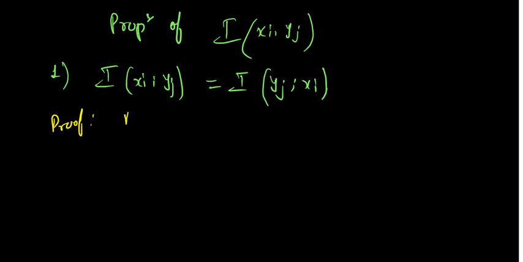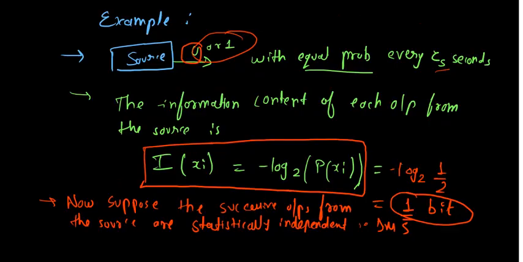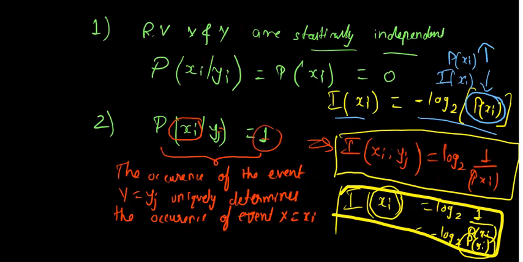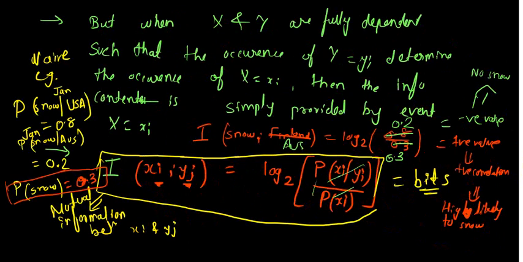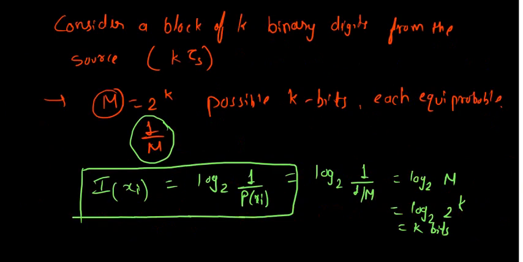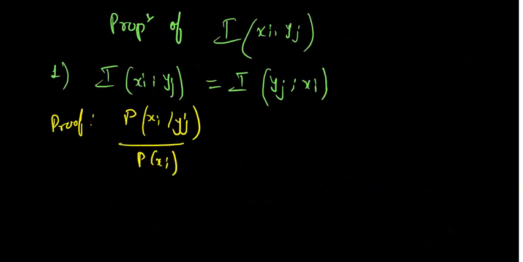We know that this mutual information is given by something like this. I'm not writing the exact thing, but the argument is this inside the log, log to the base 2 of this thing. Using Bayes rule of probability, we can substitute this.